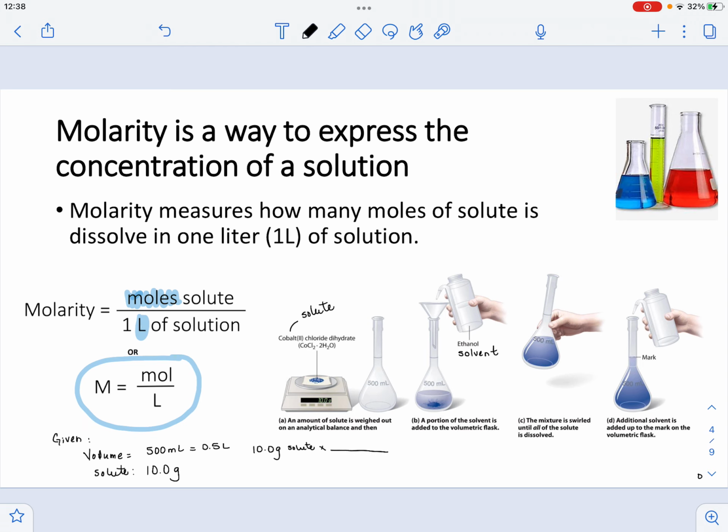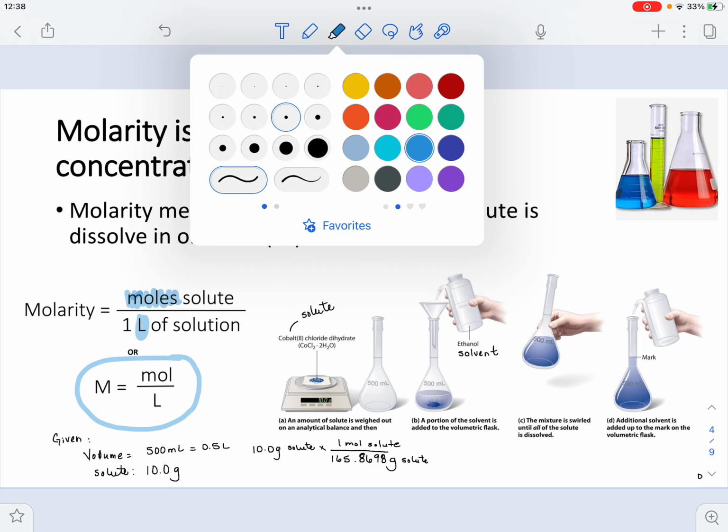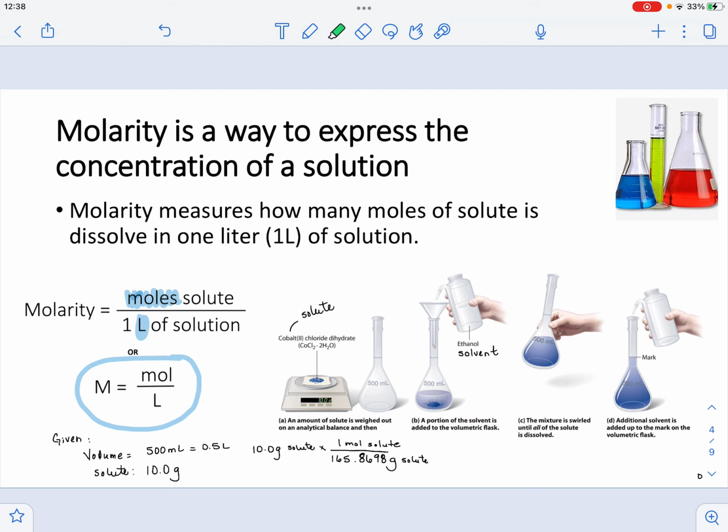Given the chemical formula for this cobalt(II) chloride dihydrate, the molar mass is 165.8698 grams, which equals 1 mole of the solute. Let me just highlight the solute so we keep track of this. That number is the molar mass of the solute.